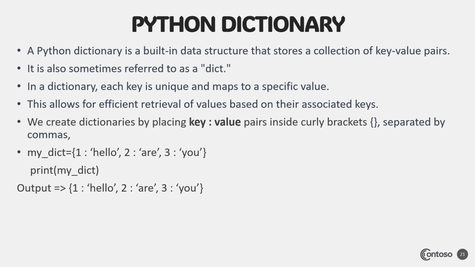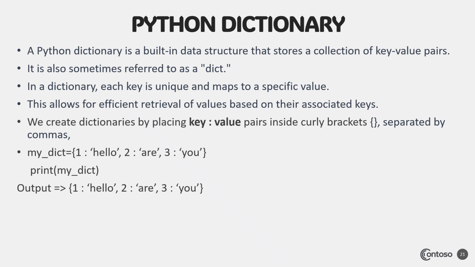We create a dictionary by placing key colon value pairs inside curly braces, separated by commas. The given example shows what a dictionary looks like. In my dict, in the curly brackets we give 1 colon hello, 2 colon r, comma 3 colon u. 1, 2 and 3 are the keys and hello, r, u are the values.